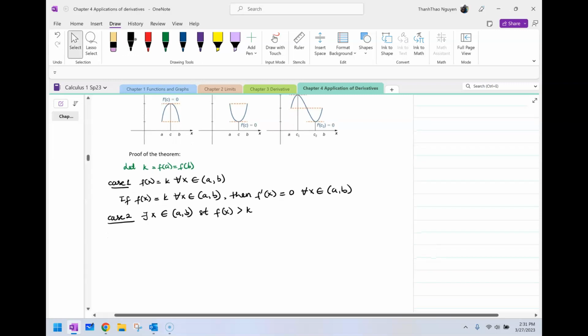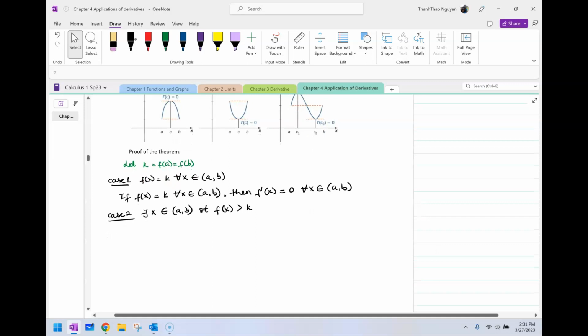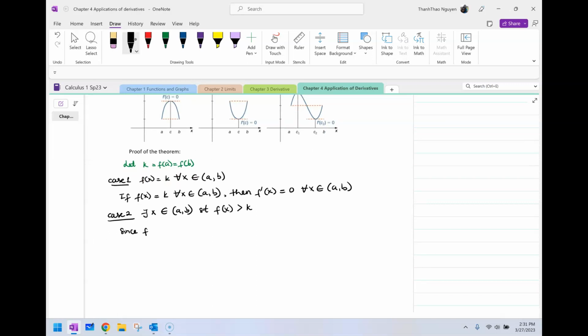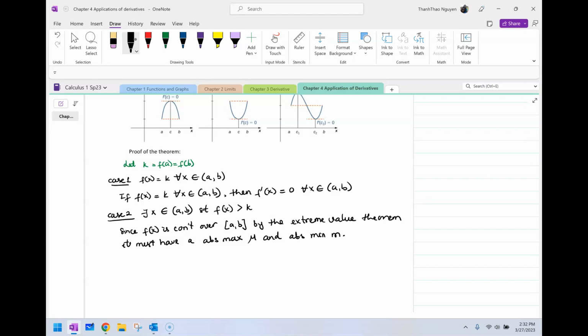Since f is a continuous function over the closed bounded interval [a,b], by the extreme value theorem, it must have an absolute max and an absolute min.